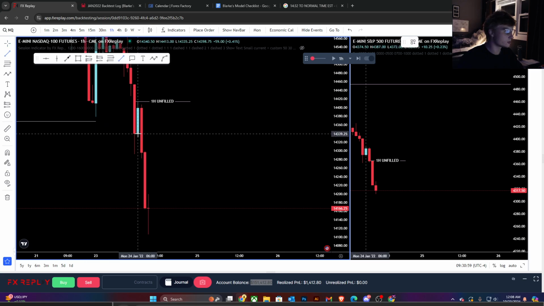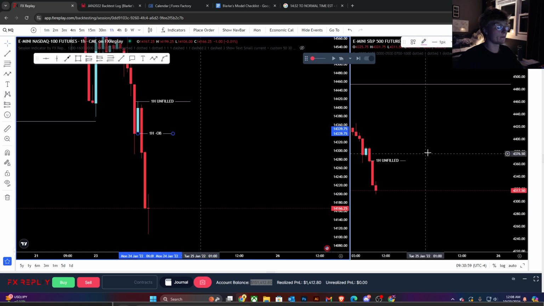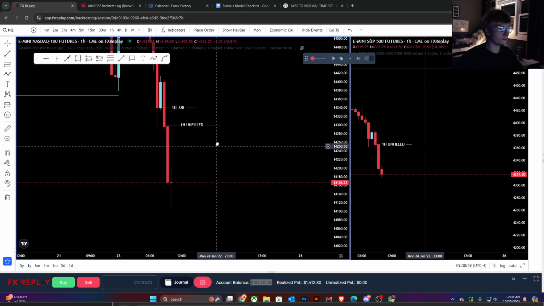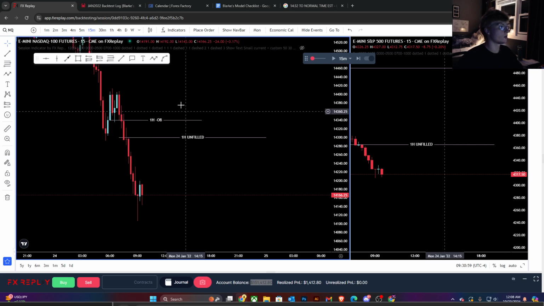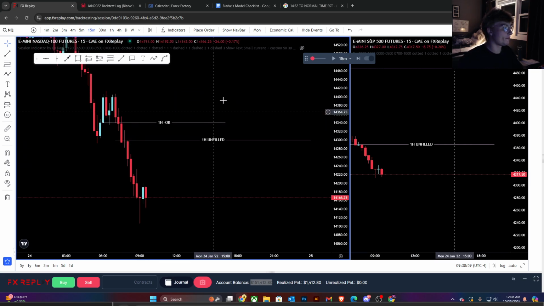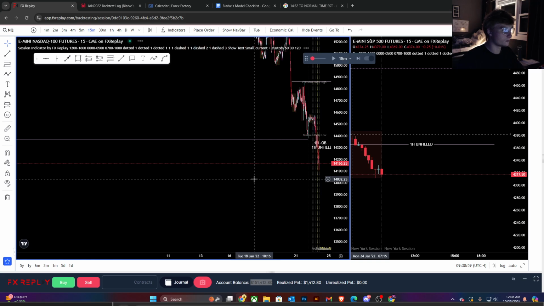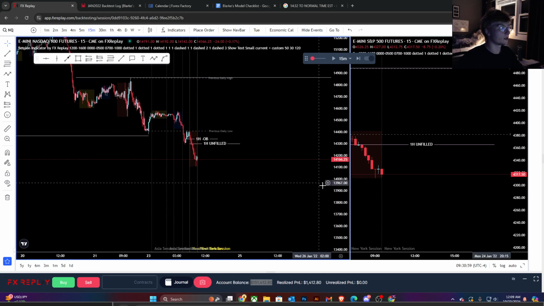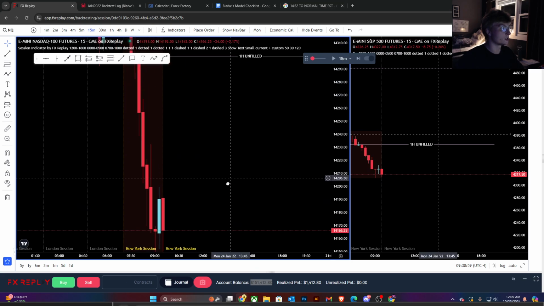We do have this hourly bearish order block there. 15. Let's see where we're at session wise. Looks like we're just selling off right now. I really don't want to be long here, since I do think this could just be continuation.